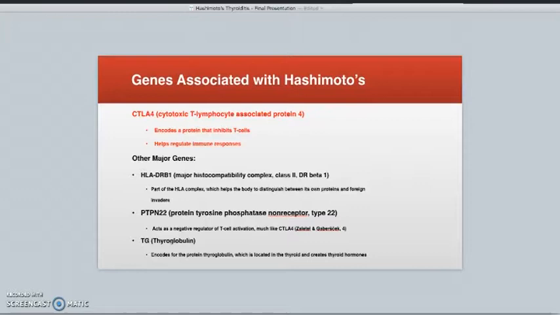So we're going to focus on the one that has been coming up the most in my research, the one that scientists and researchers believe to be the most associated with Hashimoto's, and that is CTLA4, which is cytotoxic T lymphocyte associated protein 4. Basically what this gene does is it encodes a protein that stops T cells, and we'll talk about what T cells are in a minute, but it is in charge of regulating the immune response in the body.